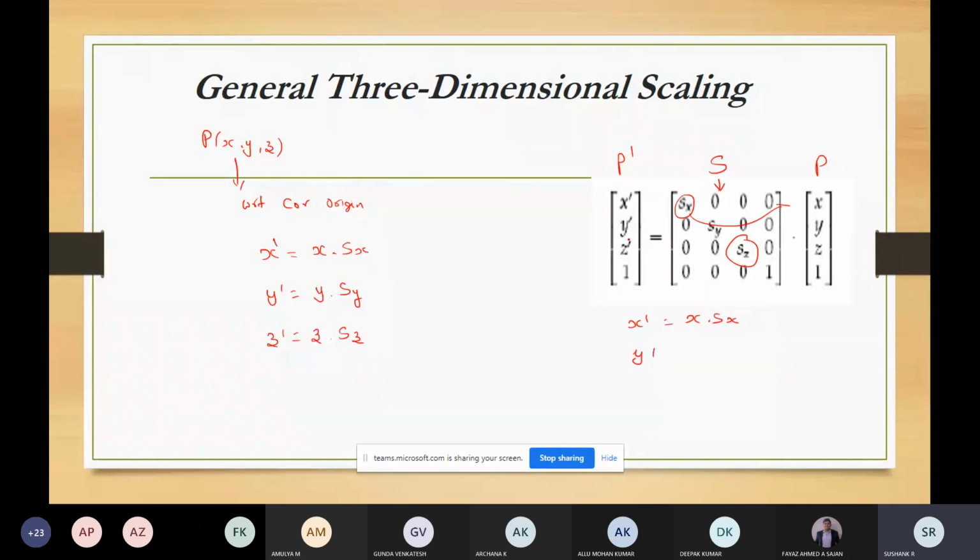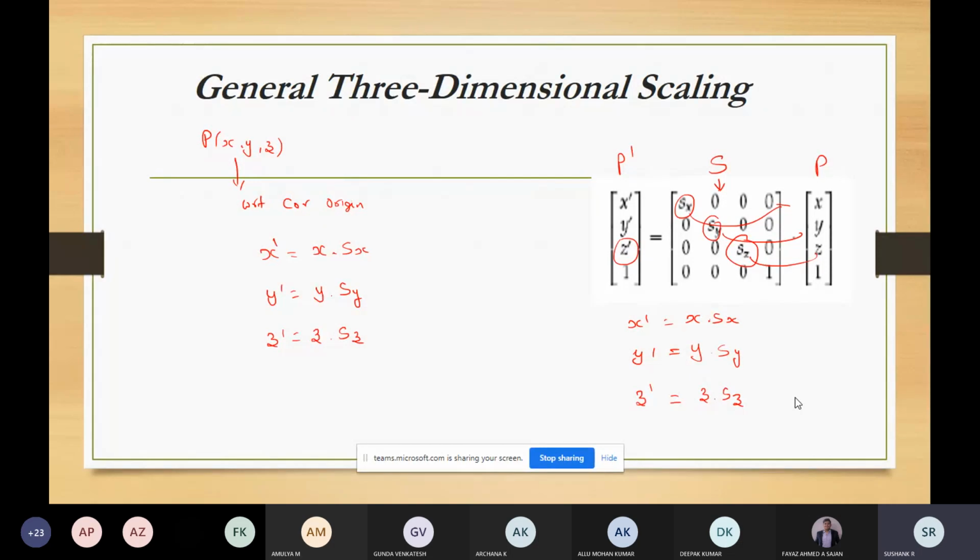Y dash is 0 into x, plus Sy into y, which you can write as y into Sy. Z dash will be equal to z into Sz. This we call scaling. For general three-dimensional scaling, we are adding the z parameter.